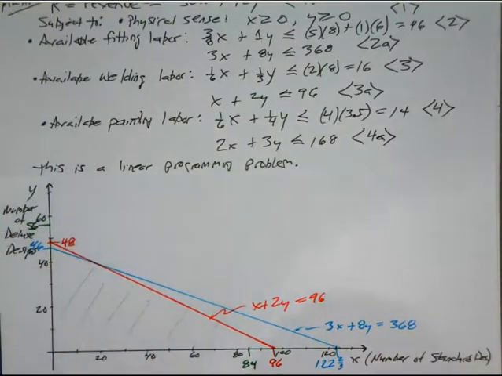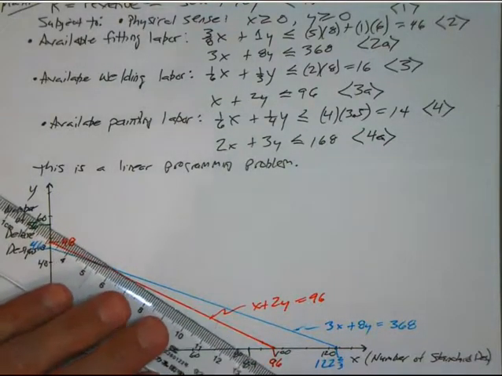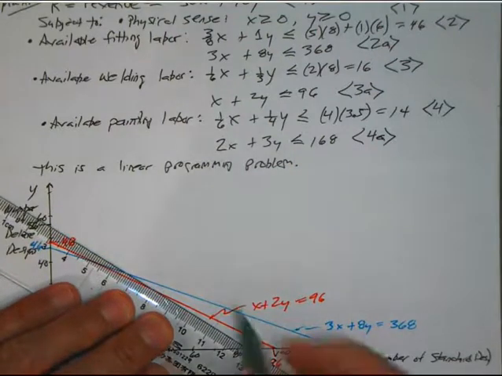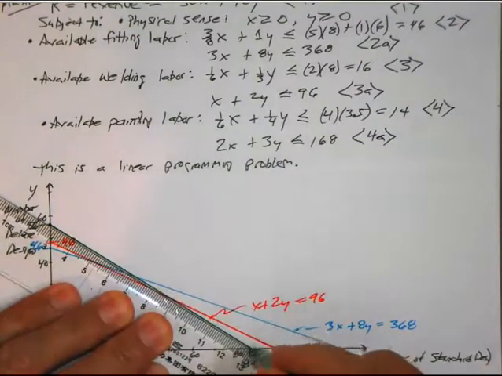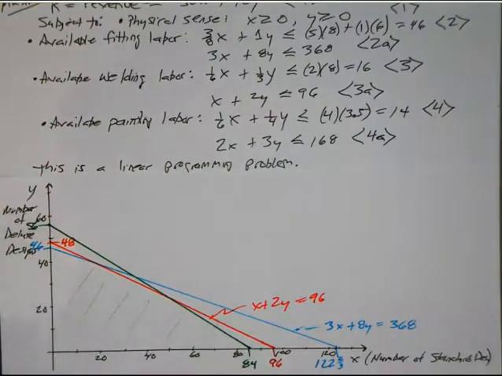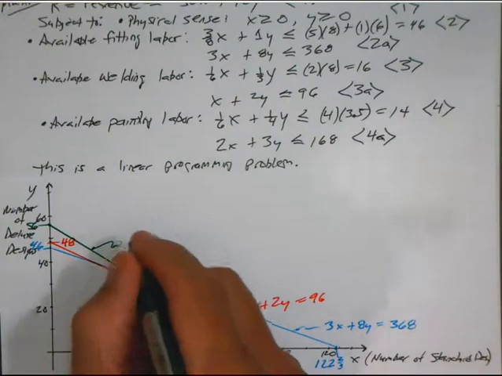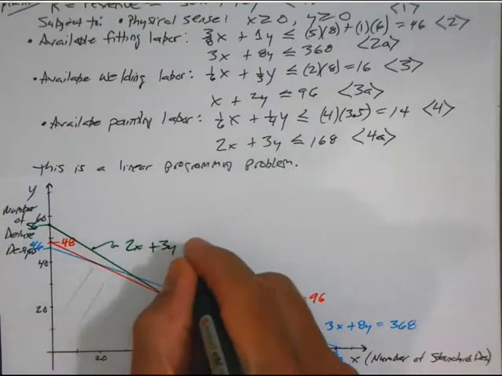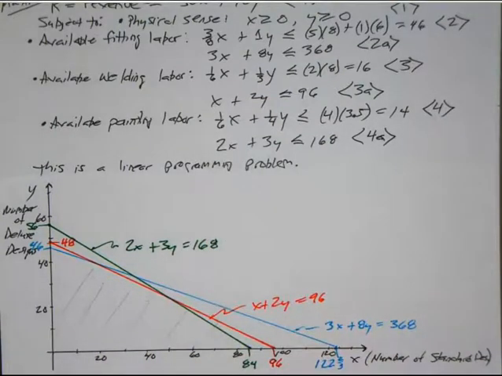A solid line for the boundary line. Okay, let's label this boundary line equation. That is 2x plus 3y equaling 168. Okay, now that is everything.